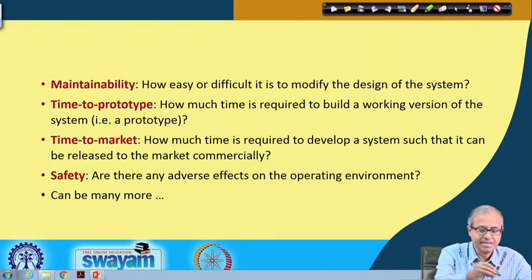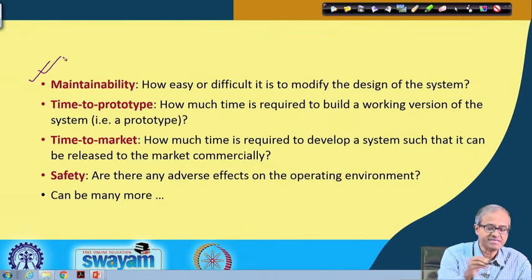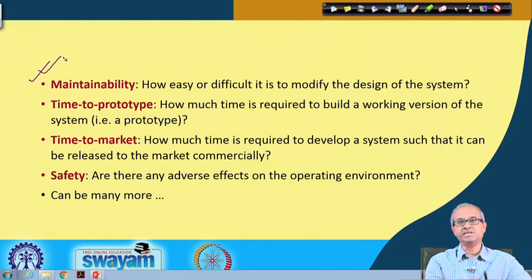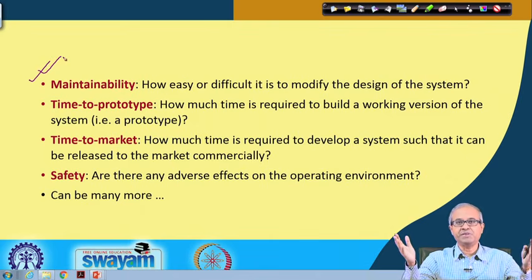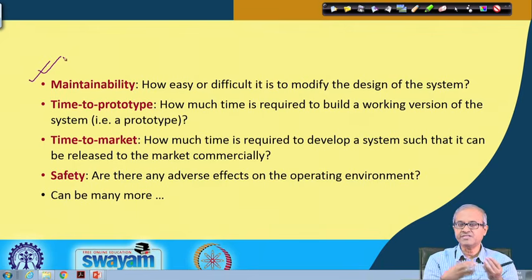Maintainability. Maintainability says that I have already purchased an embedded system as part of a larger system. Let us say I have purchased an air conditioning machine. There is an embedded system inside. Tomorrow the company says that we have come up with a better AC machine which has a Bluetooth interface, which can interface with your mobile phones, computers and laptops.